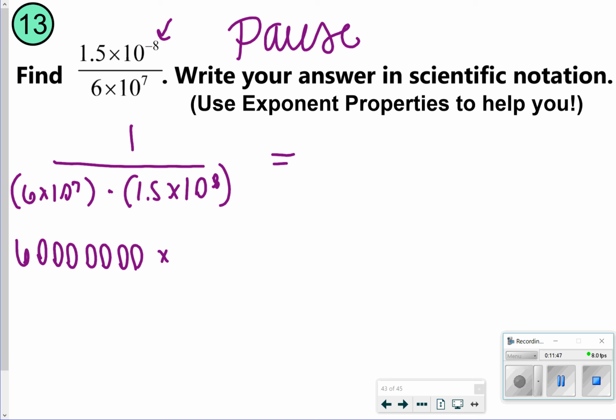So there's my 6 times 10 to the 7th. That is a 6 with 7 zeros behind that. And then 1.5 times 10 to the 8th is a 15 with 7 zeros behind that. You could go ahead and multiply this all the way. I would do 6 times 15, which I know is 90, and then add in the extra zeros.